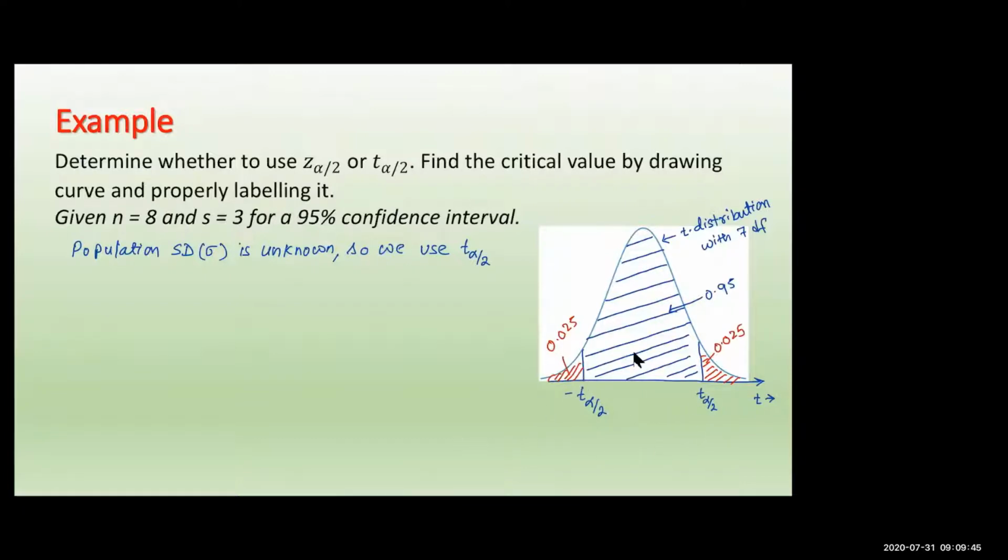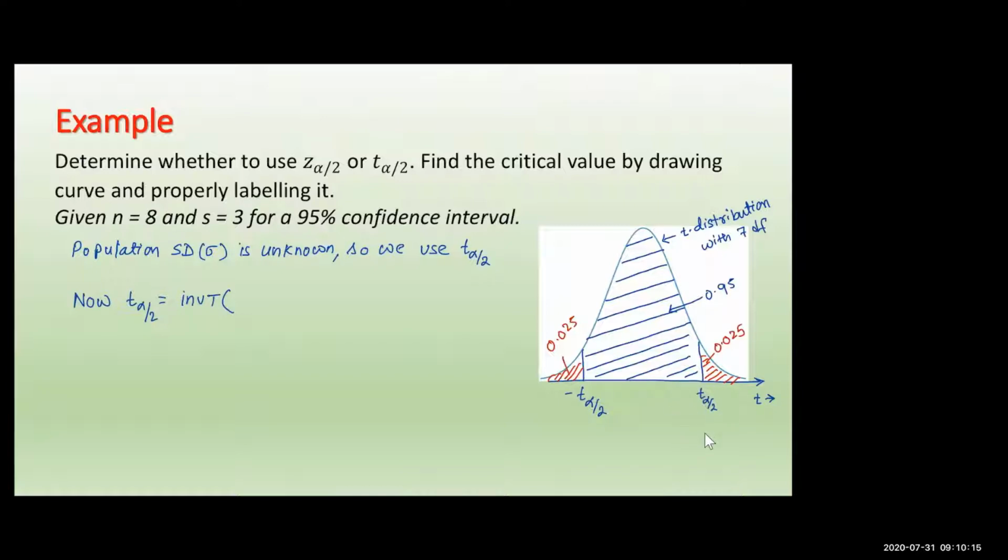Now, after we have all this area, we can easily find T alpha over 2. We are looking for the critical value, which is T alpha over 2. Whenever you are calculating the value along the x-axis, we use the inverse distribution. So in this case, it is inverse T. Then we write the area to the left of T alpha over 2.